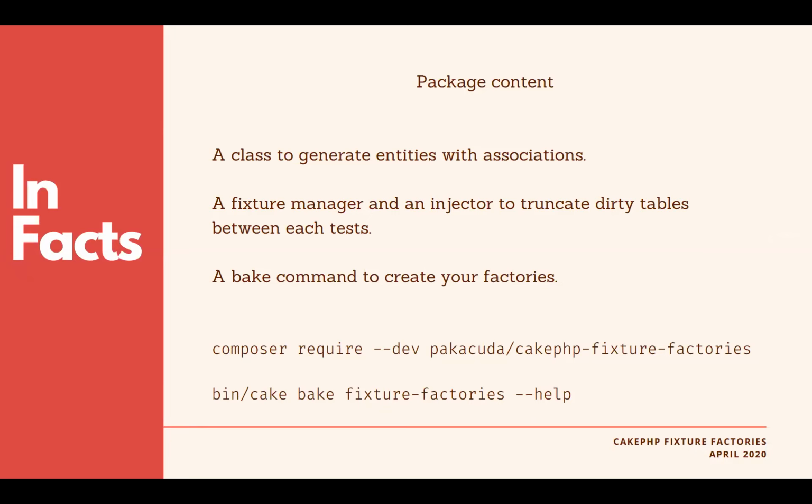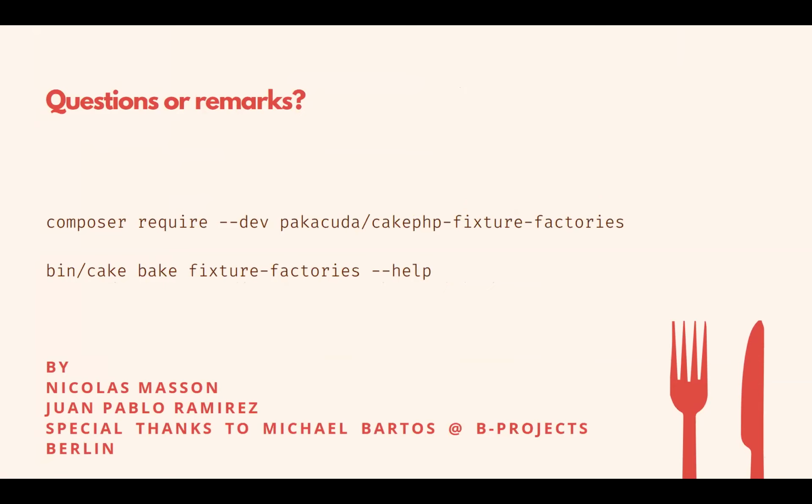You don't have surprises on associations that were created in the fixtures that you might not have foreseen. But above everything, you can write tests really quickly. That's it for me.